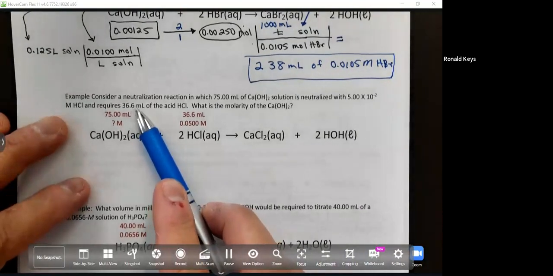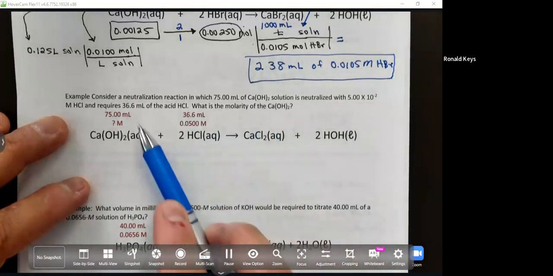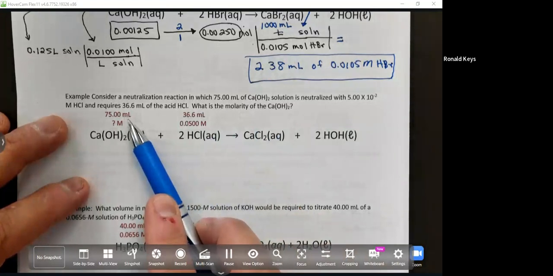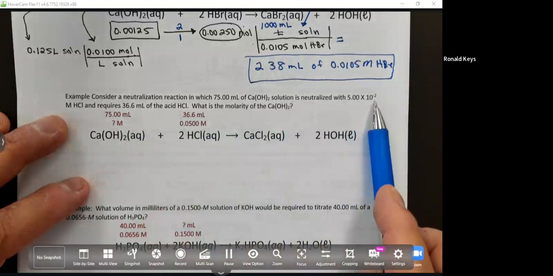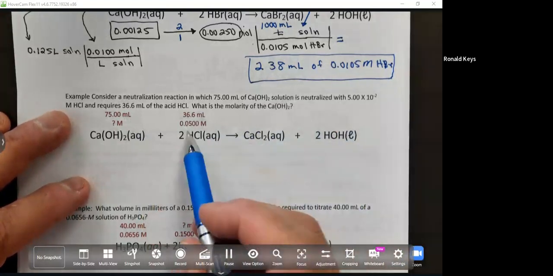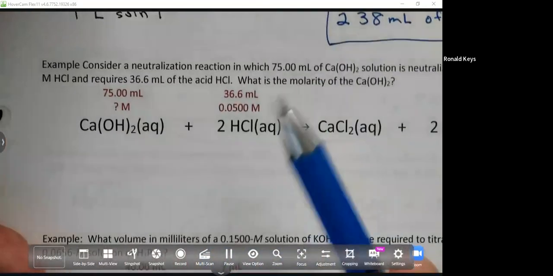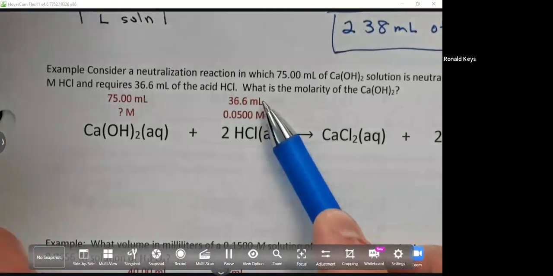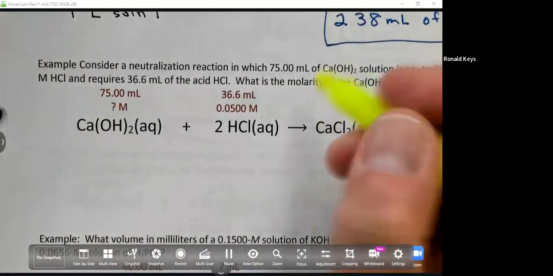Another example, consider a neutralization reaction with 75 milliliters of calcium hydroxide solution, neutralized with 5 times 10 to the minus 2 molarity HCl, or 0.0500 molarity. It requires 36.6 milliliters. We're looking for the molarity.